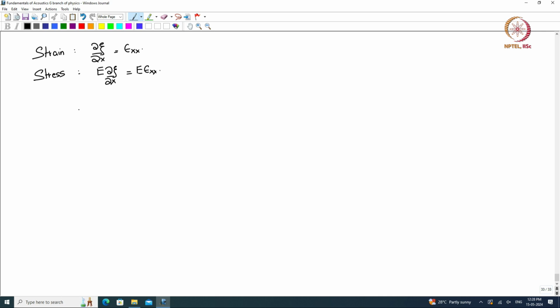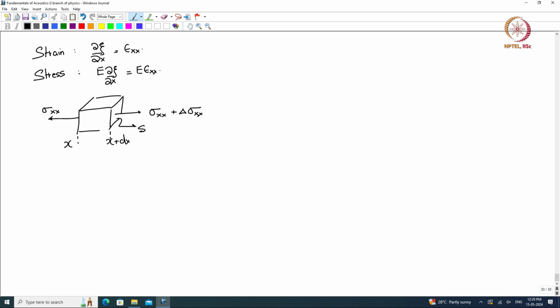Okay, so if we take an element now and we exaggerate it, we have this element over here. I am showing it along with the cross section. Okay, so I have sigma xx plus delta sigma xx. I have sigma xx, and let's say this is x and this is x plus dx, and let's say the cross section is S.